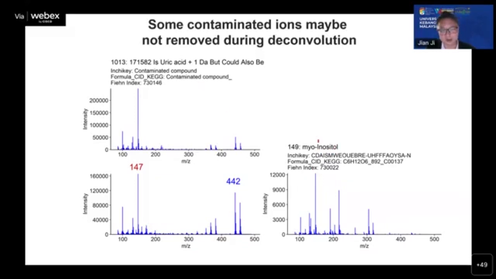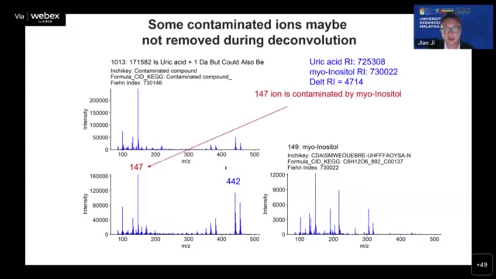Some ions were from this one, so the spectrum is not pure. In this case, I think we have to manually check it or figure it out manually. So let's see that the compound 147 was contaminated by its neighbor. Their retention indices are pretty close, almost the same. It's under the tolerance, so it will be affected.